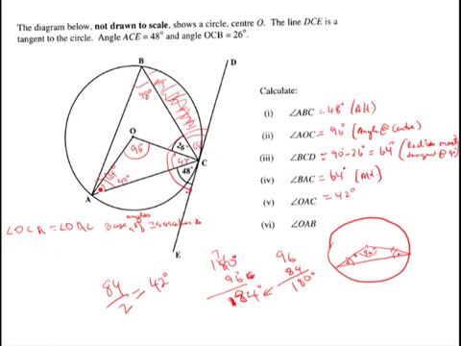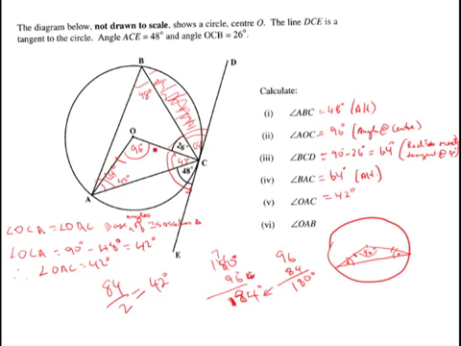So once I find angle OCA, it is equal to 90 degrees minus 48 degrees, and 50 from 90 is 40, plus 2, that's 42. And therefore angle OAC is equal to 42 degrees. So we could have done that the other way around as well.